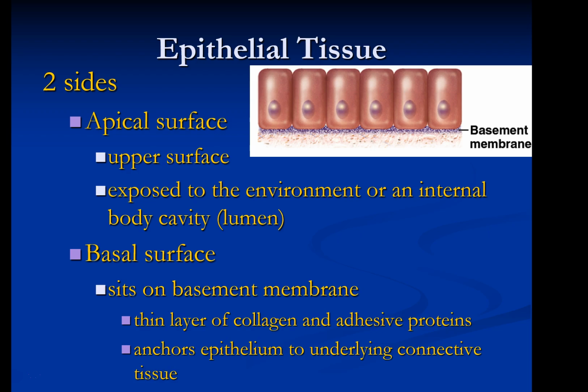Once again, the outer portion of our skin is epithelial tissue, underneath it's connective tissue, and a basement membrane between them anchors them together. If you provide enough friction, you can actually separate the epithelium from the underlying connective tissue, and it swells up and gets fluid in there. What do we call that? It happens on your feet. Blisters. A blister is enough friction that you're pulling that basement membrane apart, and the epithelial tissue separates from the connective tissue and fills with fluid, and that pressure hurts.